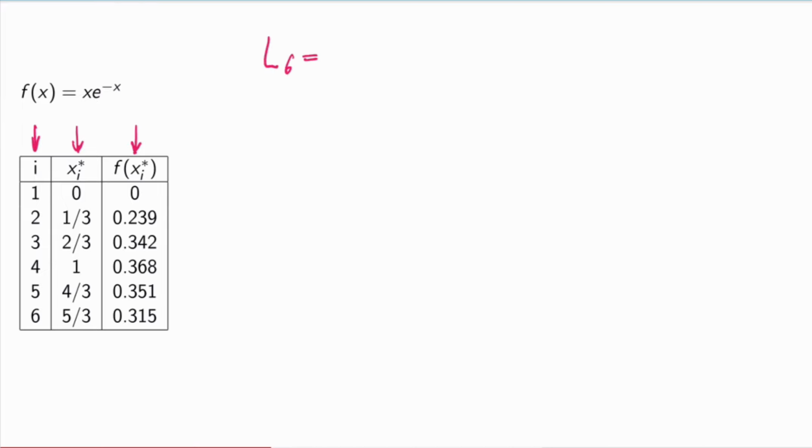So what is L6? That was the sum for i from 1 to 6 of the function evaluated at the sample points times the interval length delta x. Okay, and so now we have got everything together. So the index i runs from 1 to 6, which means we need to sum all of these terms. The first term would be a 0 actually, times delta x, and delta x is 1/3.